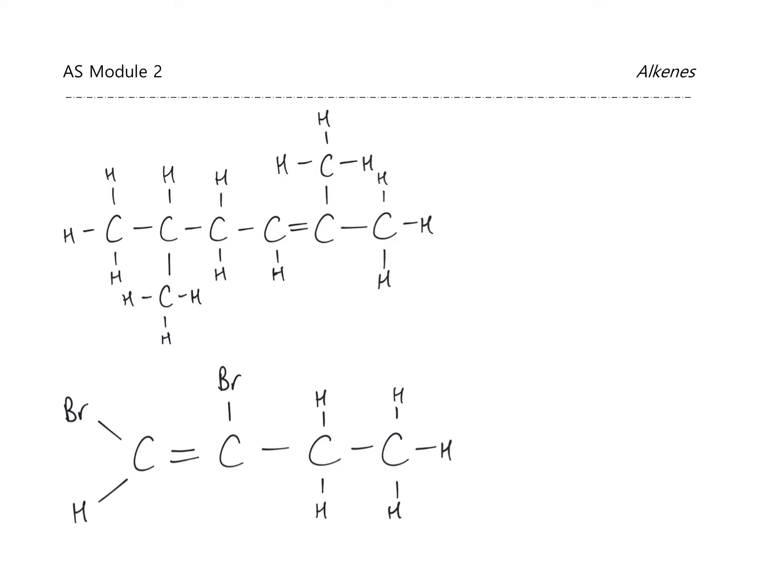Over in the next page, longest chain straight through the middle, or you can do from this one and up to the top if you wish, but that's the longest chain. Number it so that the double bond is on the lowest carbon number, so we will number it right to left. 1, 2, 3, 4, 5, 6. Circle your substituents. We've got 2 methyl groups on carbons 2 and 5.